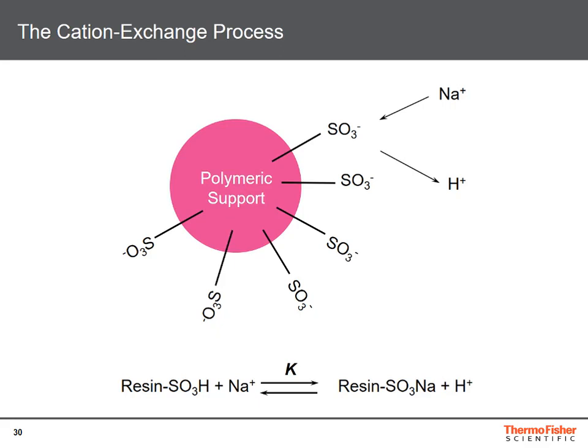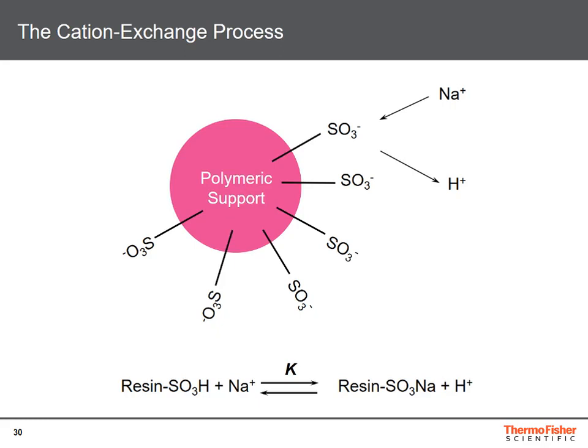Let us further assume that we have sodium ions in solution, so due to the high affinity of sodium ions to the stationary phase, those sodium ions will be shortly bound to the sulfonate groups, releasing hydronium ions, so that again we can formulate the equilibrium on the bottom with the selectivity coefficient K describing such equilibrium.